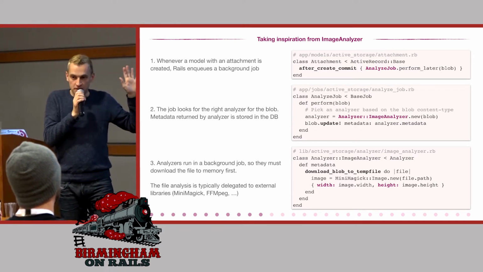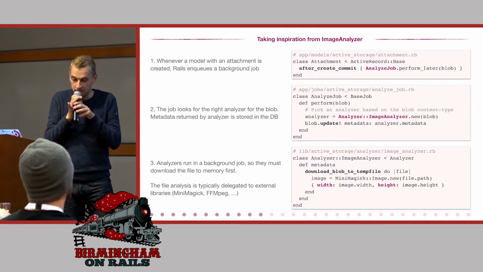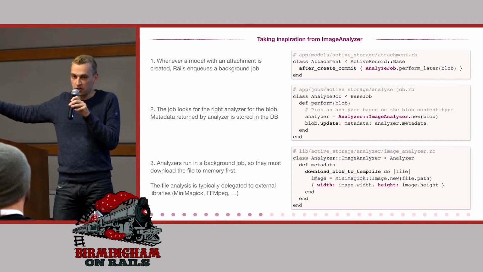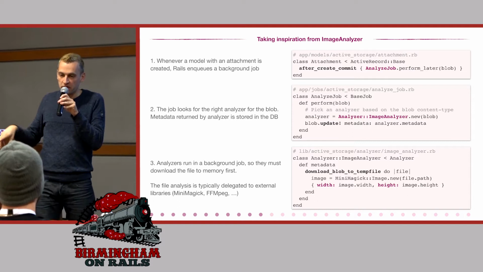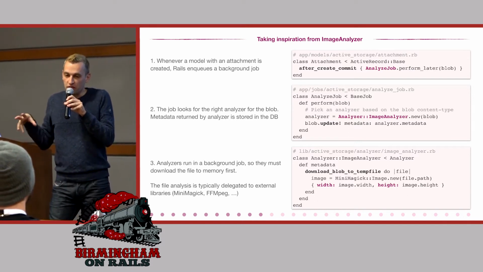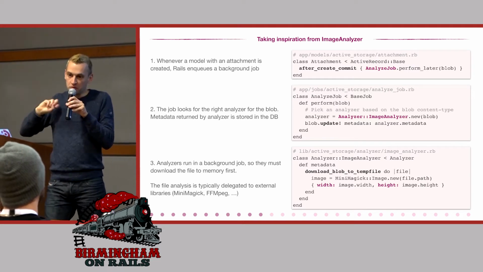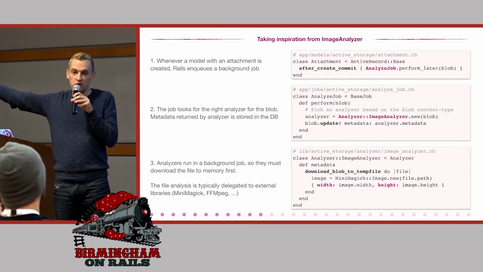And finally, specifically, the image analyzer does two things. First of all, we are in a background job. This is maybe running like 5 seconds after the file has already been stored. So the first thing it has to do is download blob to temp file. Basically it has to get the file back. Let's say we store the file on S3.